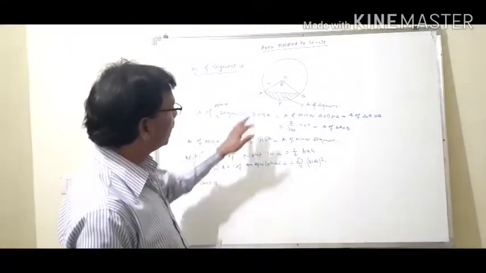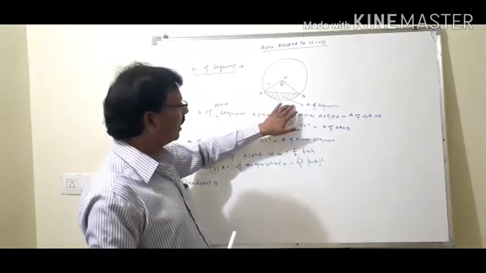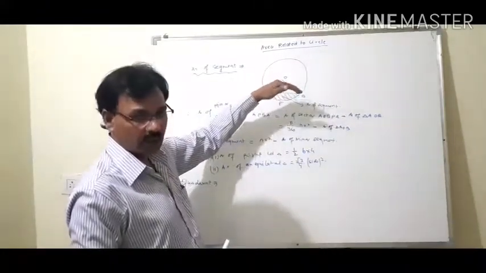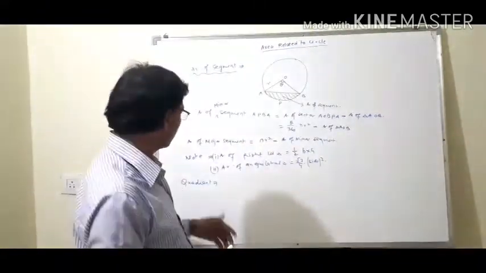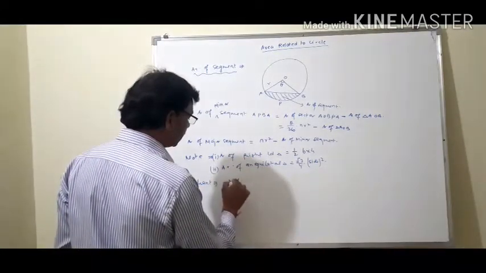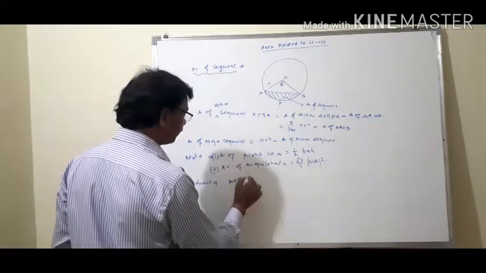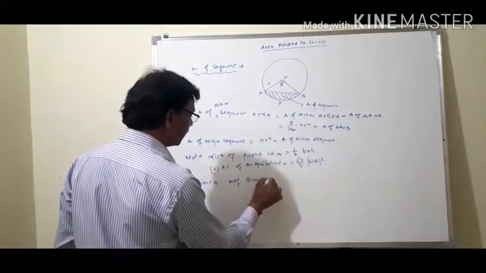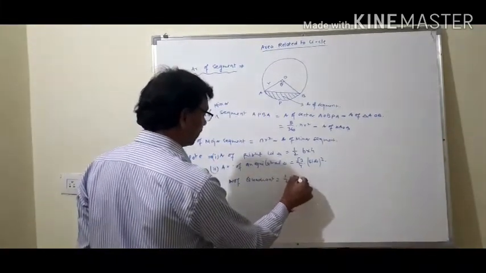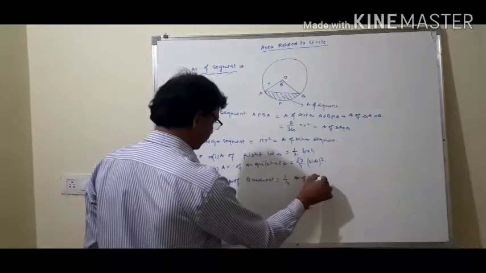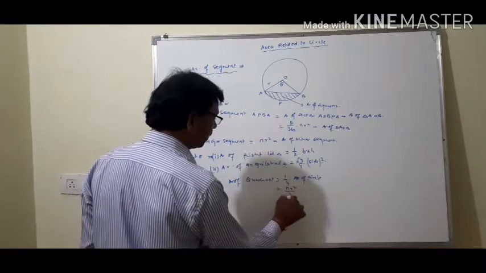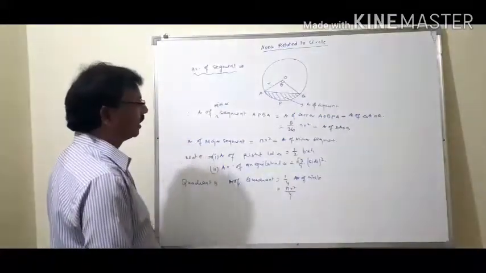That means if an arc of a circle subtends a right angle at the center of the circle, then that sector is known as a quadrant. So the area of a quadrant is equal to 1 by 4 into the area of the circle, that is pi r square whole upon 4. This is the area of a quadrant.